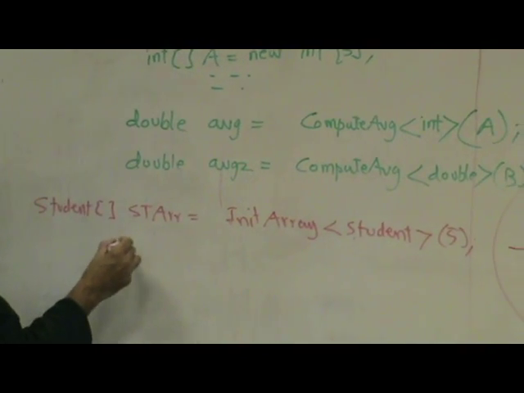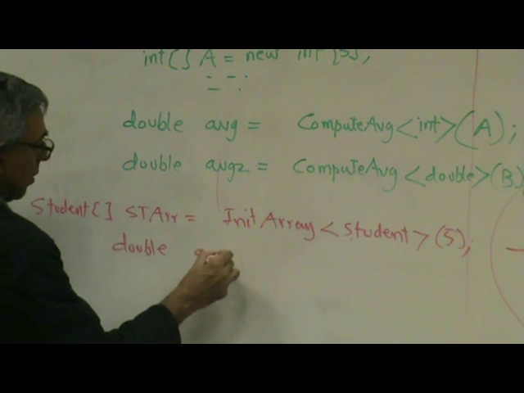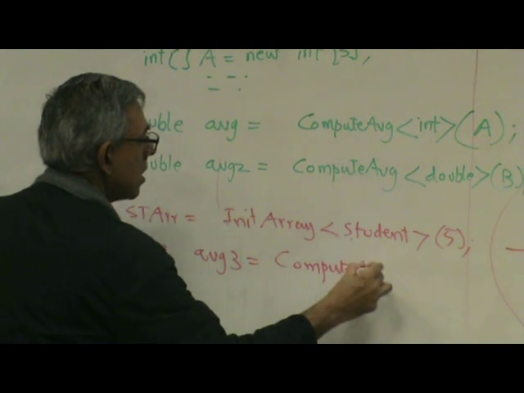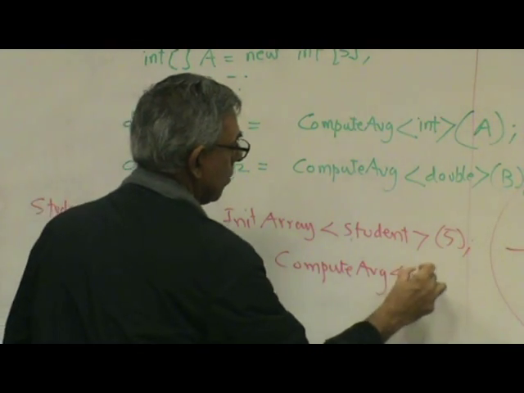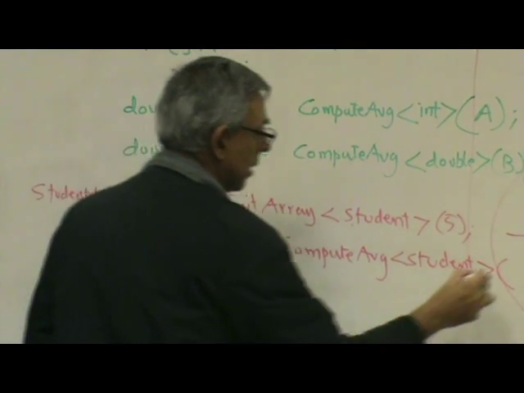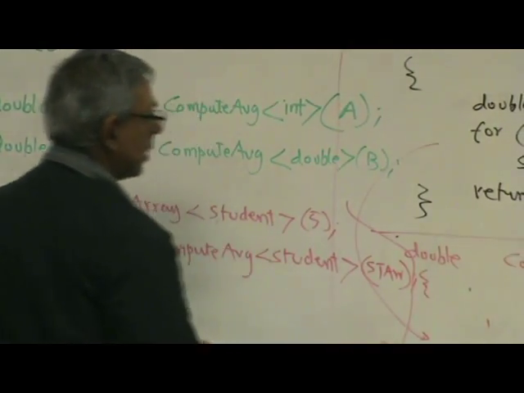And then I try to do double avg3 equal to computeAvg of Student, and pass it the stArray. Okay, what will happen?